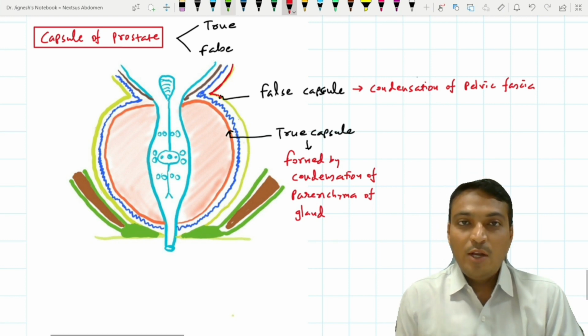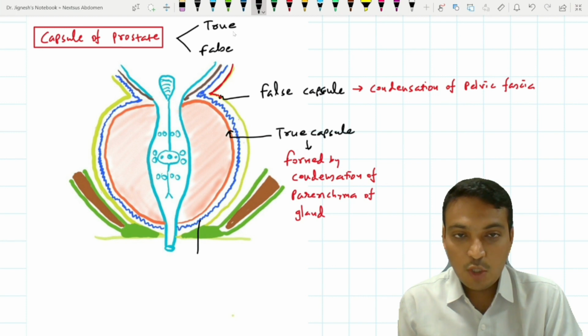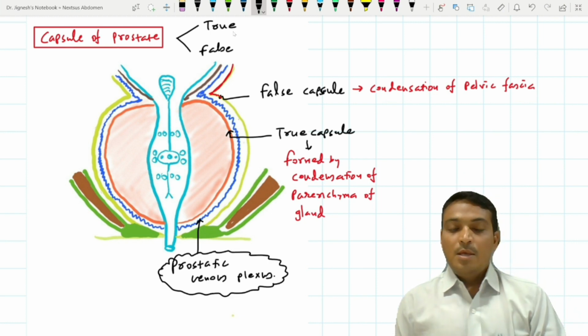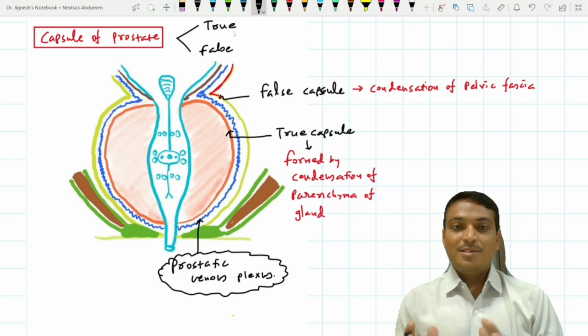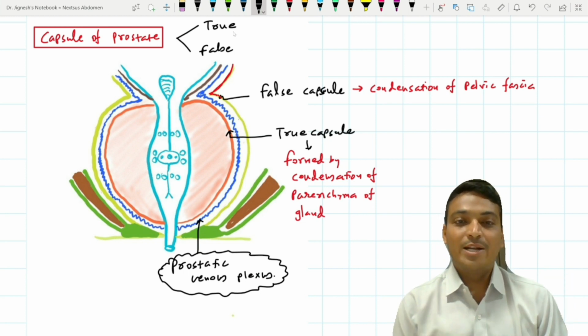The important thing to understand in this figure is that there is a venous plexus present between the true and the false capsule, and this is called the prostatic venous plexus. So the prostatic venous plexus is situated between the true capsule and the false capsule in the case of the prostate.